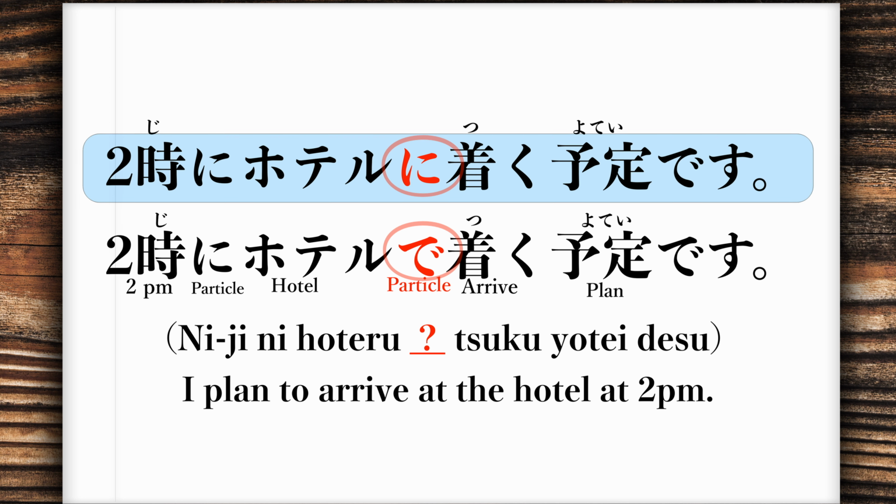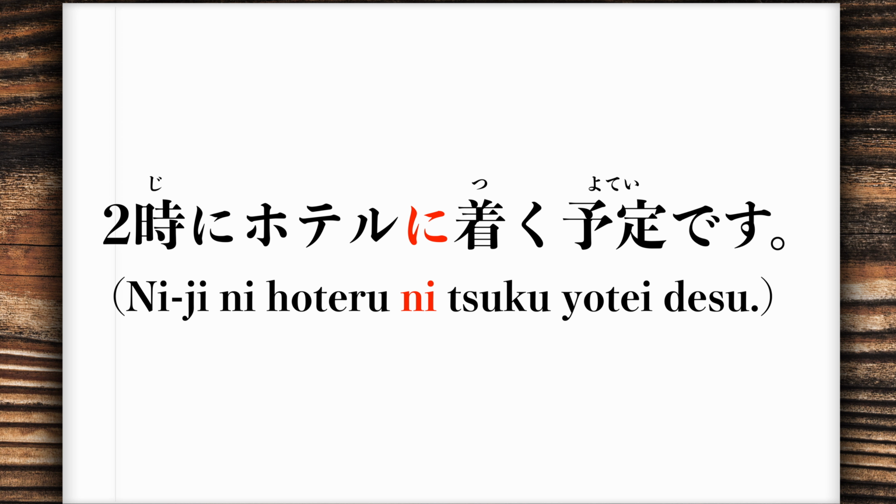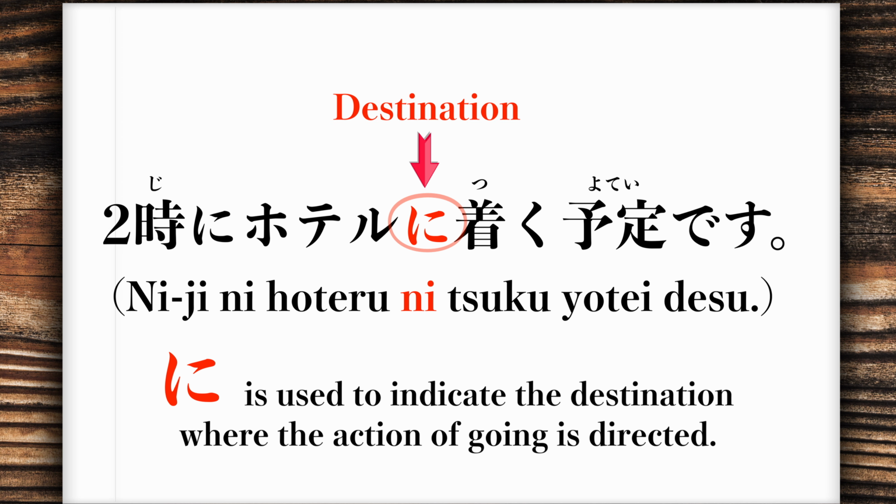2時にホテルに着く予定です。2時にホテルで着く予定です。In the first sentence, に is used to indicate the destination or target location of arrival, which is the hotel in this case.